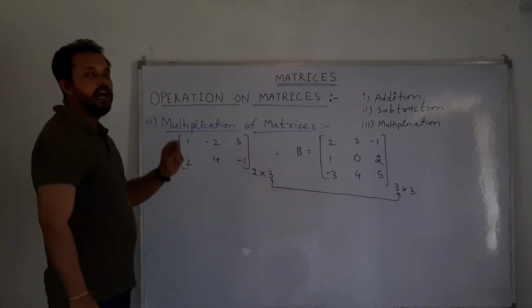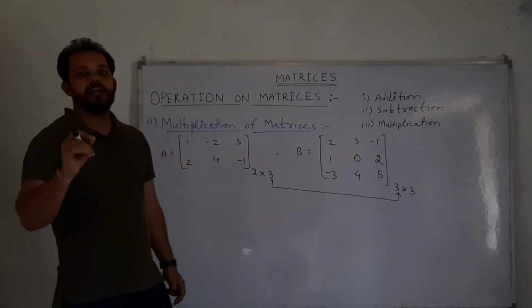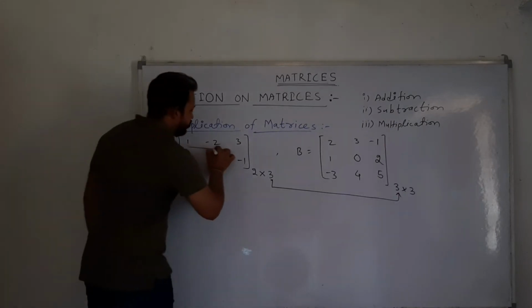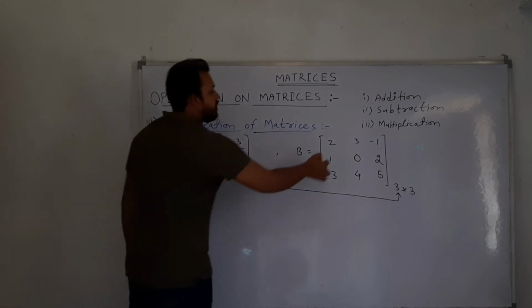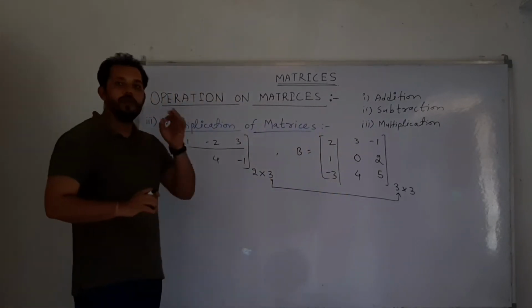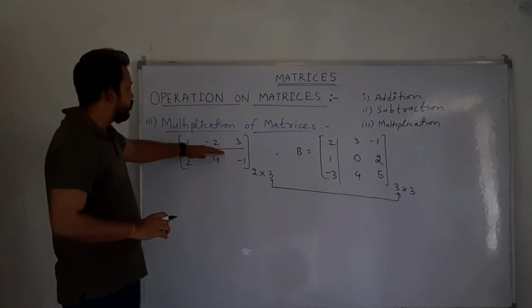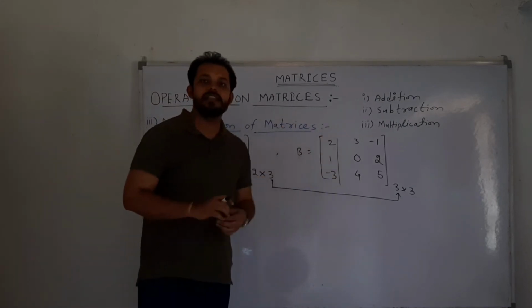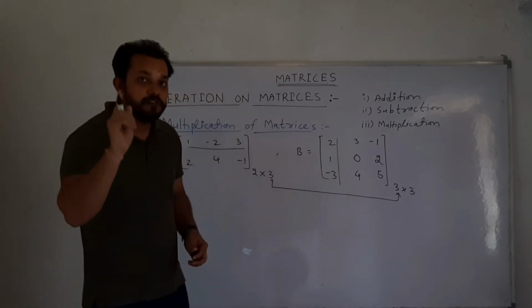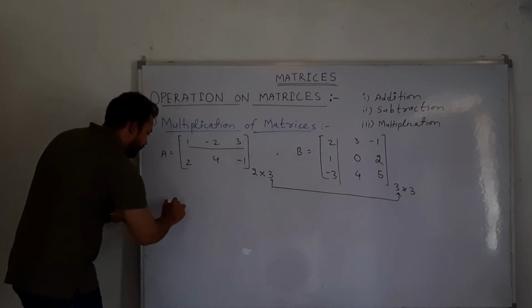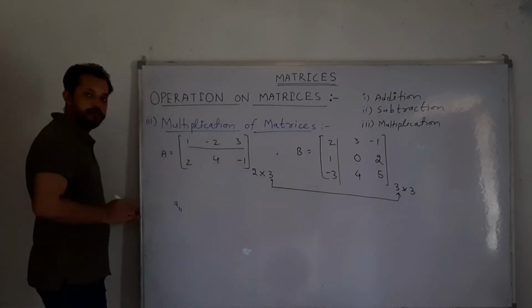Let's understand how to multiply. To multiply these two matrices, we have to multiply the first row of the first matrix with the first column of the second matrix. When we multiply the first row of the first matrix with the first column of the second matrix, we get the first element of the product matrix, that is A11.